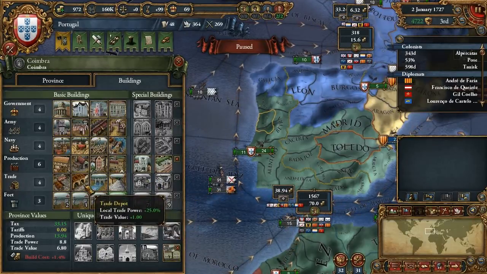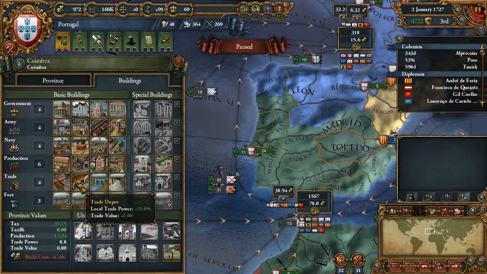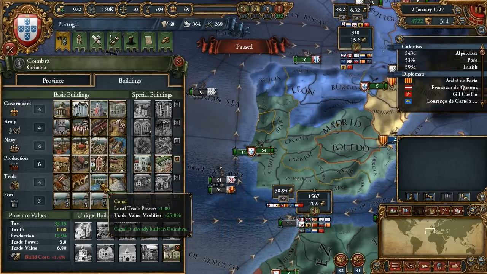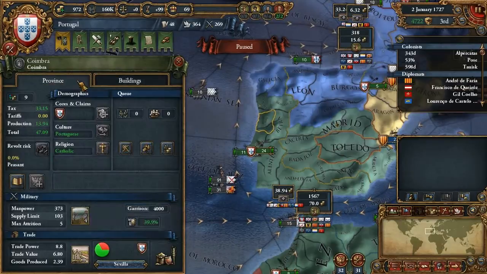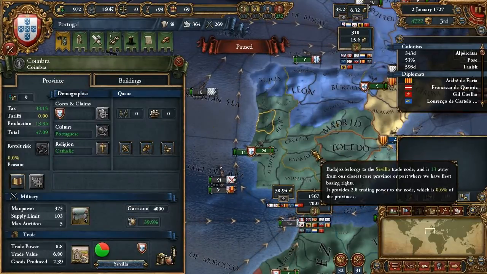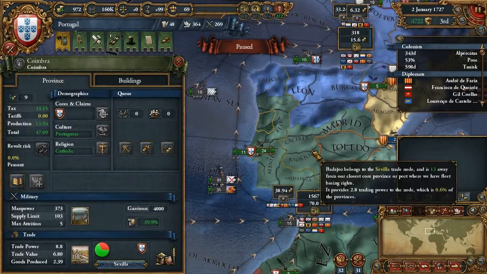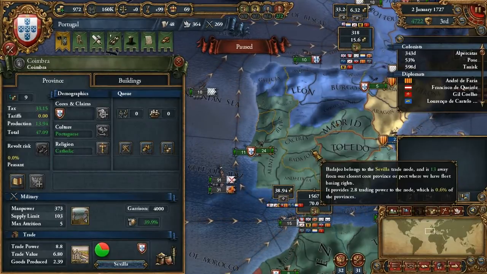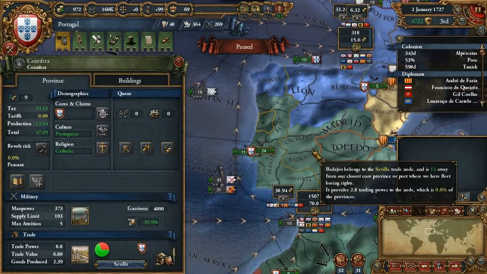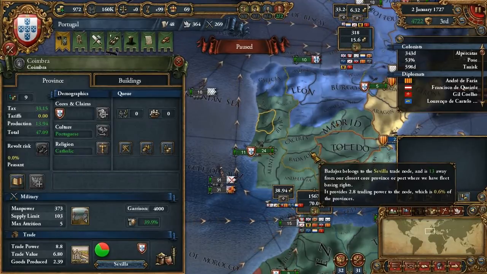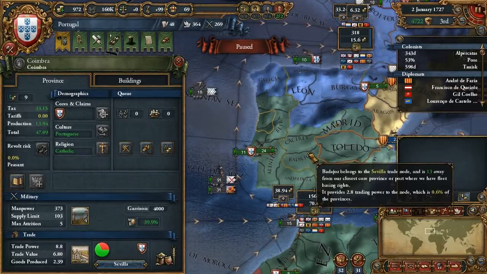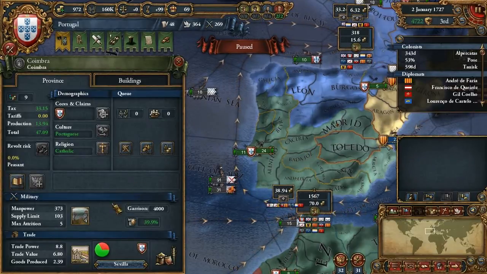So basically these two buildings, the trade depot and the canal, are the only buildings that affect how much money you're generating. Generally, you don't focus on increasing the trade value unless you have very little land and every penny counts. If you're trying to be a trade empire, trade value has very little meaning, and you'll probably be taking other people's trade value and cashing it in yourself.